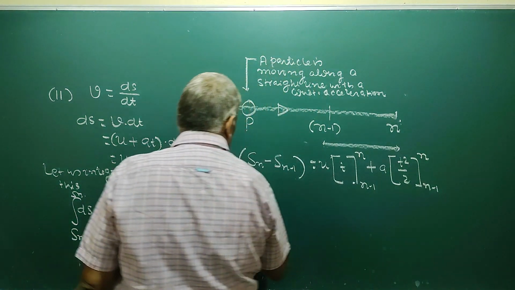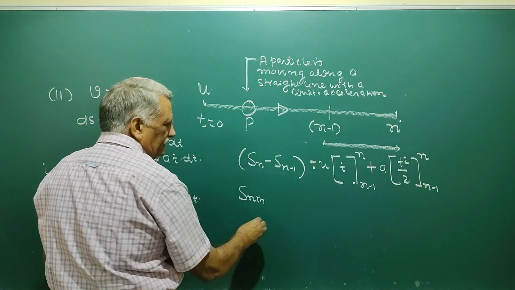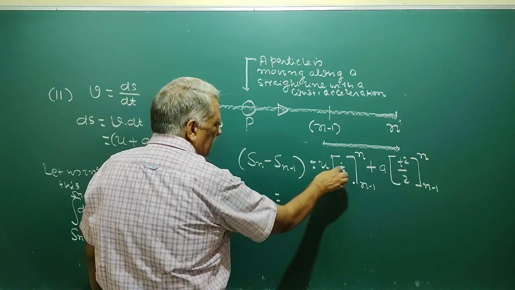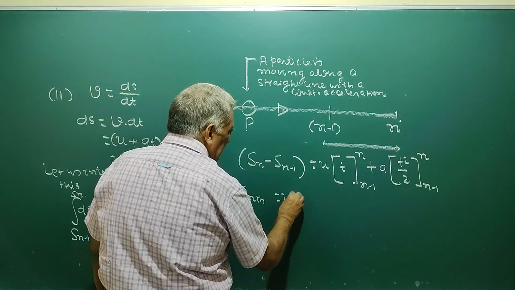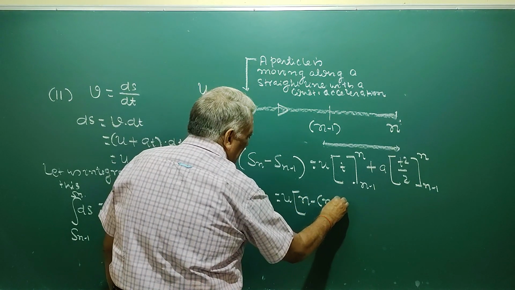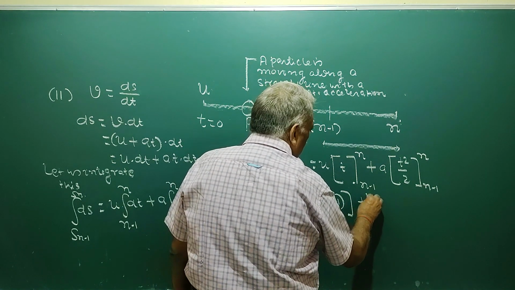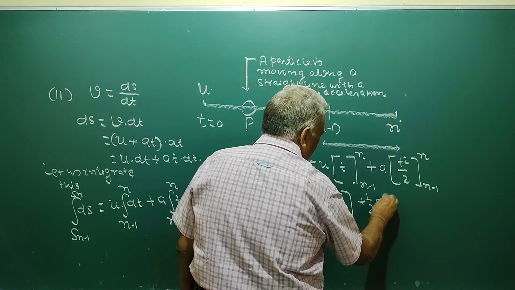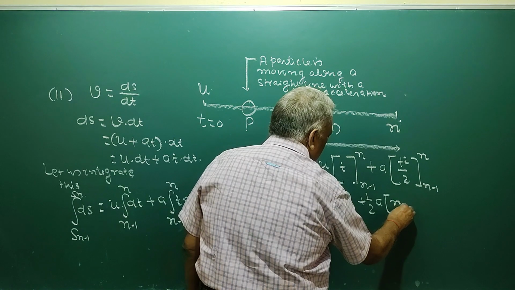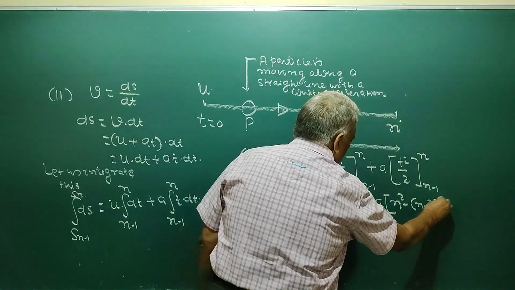This is the distance covered by the particle in the nth second, and this is equal to u लिखेंगे और यहाँ n minus (n-1), राइट? और half a को बाहर कर दिया जाए, a और यहाँ n स्क्वायर माइनस (n-1) का स्क्वायर.